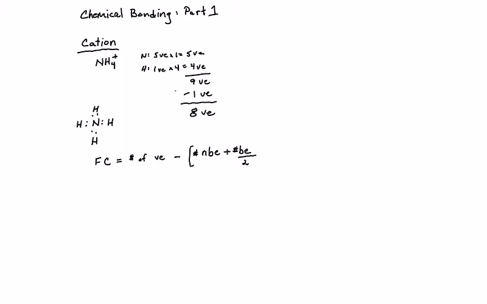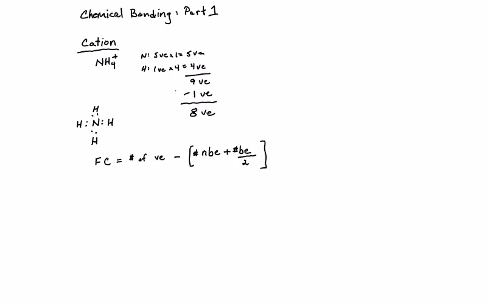And actually that should be a plus. So the formal charge on an atom of a compound is equal to the number of valence electrons that atom should have, minus the sum of the number of non-bonding electrons on that atom plus 1/2 of the bonding electrons.